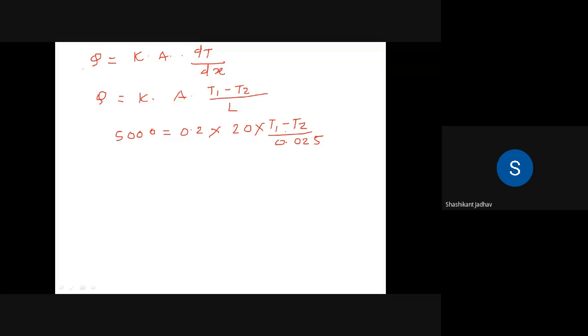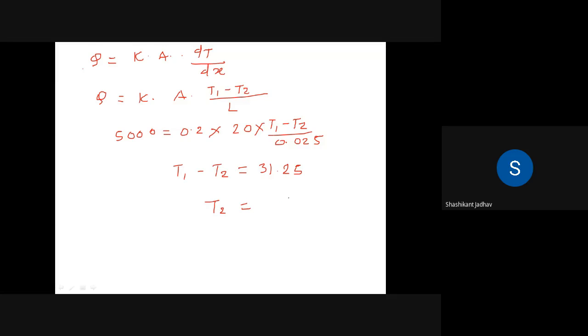So from this equation, by doing the calculation, we get T1 minus T2 equal to 31.25. Then what is the value of T2? T2 is equal to T1 minus 31.25.